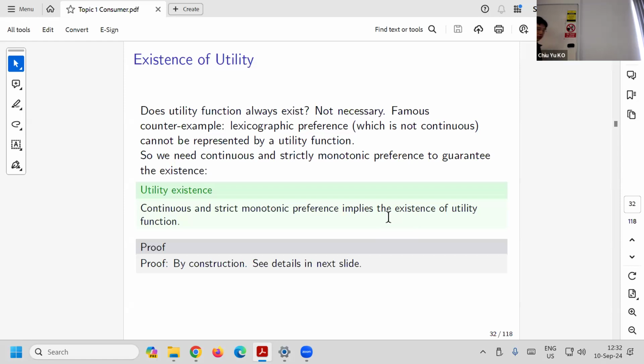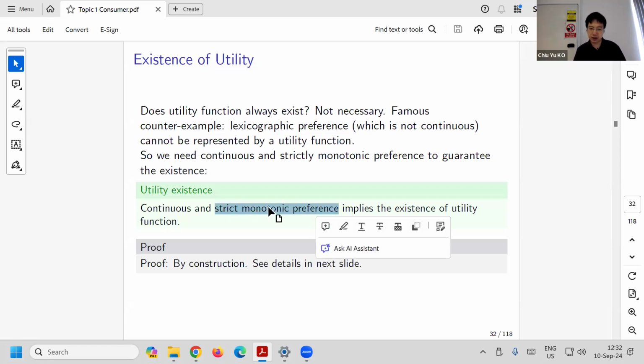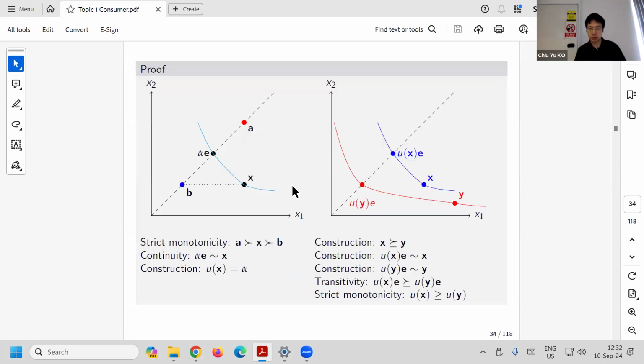You can see utility function existence is almost guaranteed as long as your preference is continuous. So monotone is not needed, but for business application, monotone is normal. So I don't think you have to worry about it; we still keep this assumption to prove it.